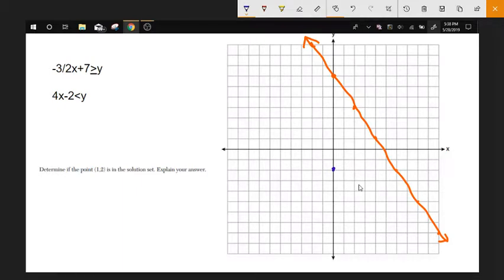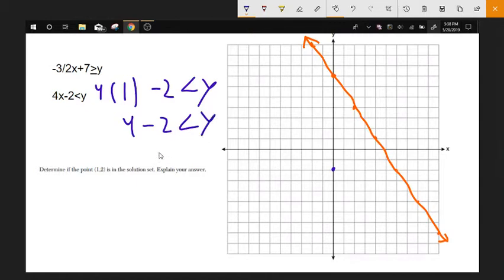And then for x is equal to 1, we can evaluate that. 4 times 1 minus 2 is less than y. So we have 4 minus 2 is less than y, and then 2 is less than y. So when x is 1, y is 2.